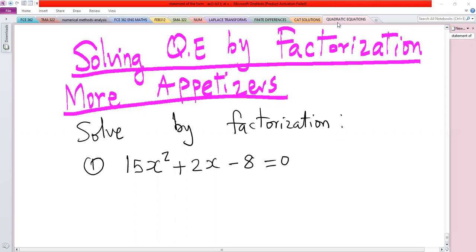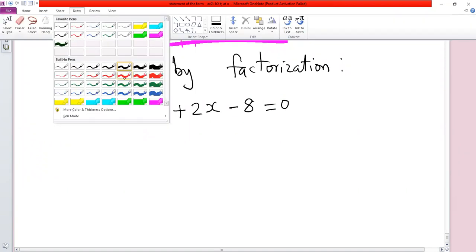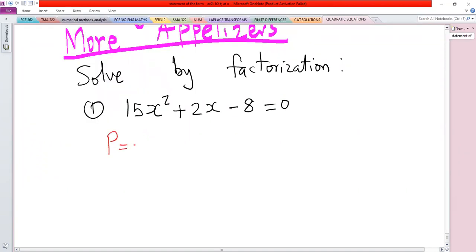So more examples solved by factorization. So let's first define the product, which is given by 15 times minus 8. This will give us minus 120.